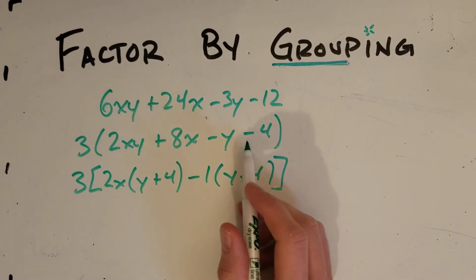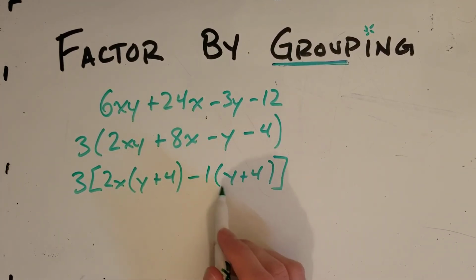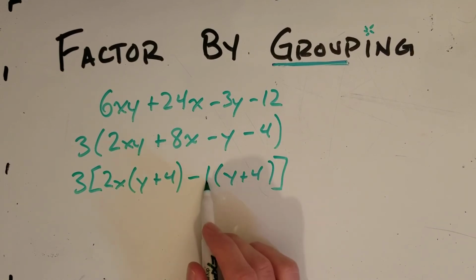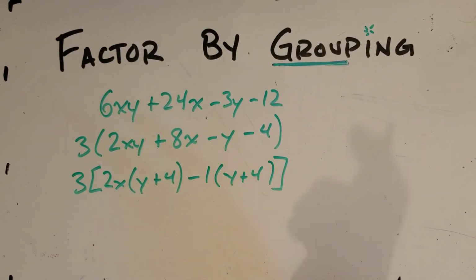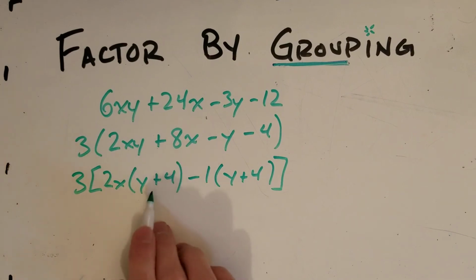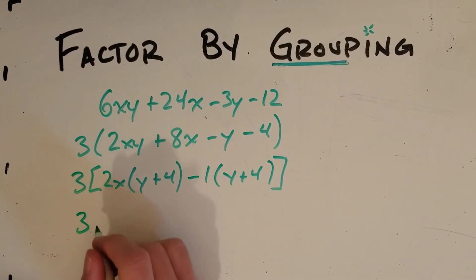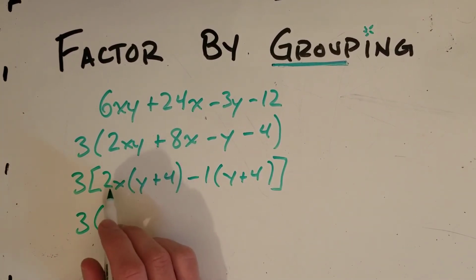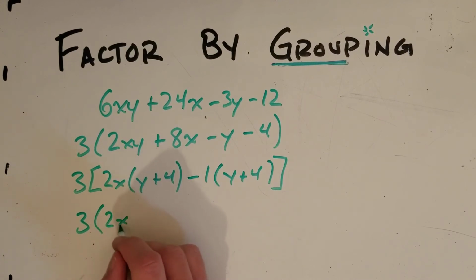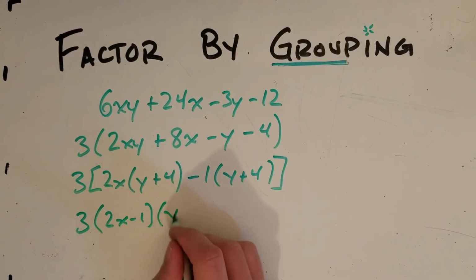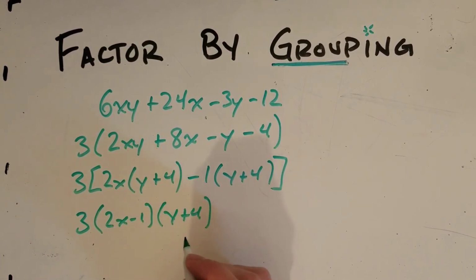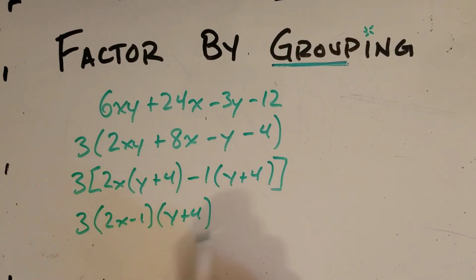So you can factor out a negative sign between the 2 of them here, and you're left with y plus 4 times that negative 1, and we're set up in good shape here. We have an identical binomial. So we'll have 3, then we're going to have 2x minus 1, and the y plus 4, and then our job is done. We are completely factored.